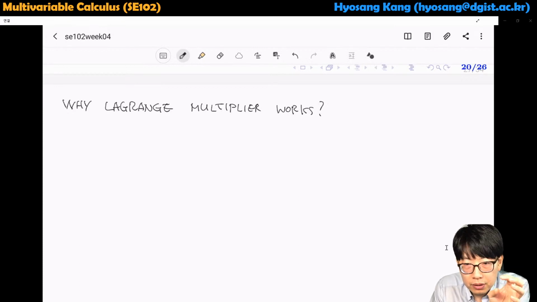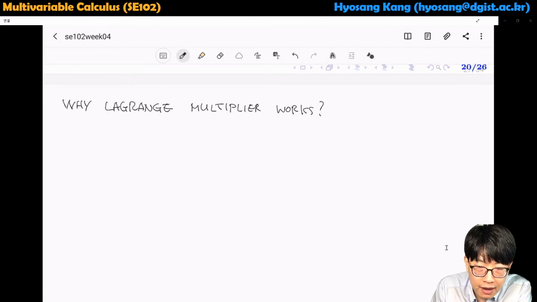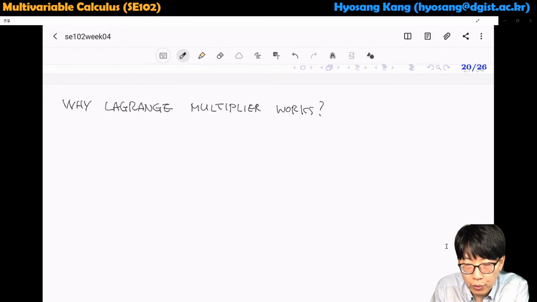No. The extremal point of f may not, and mostly will not, lie on the level set of G. The second question is: are we finding the extremal points on the constraint?